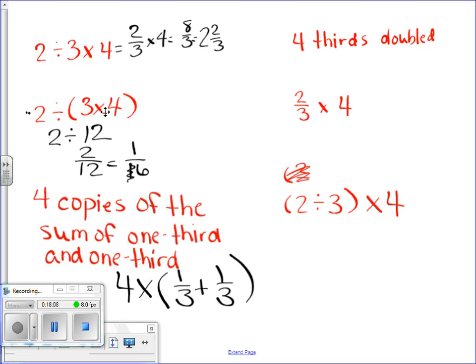The sum is addition. If you were subtracting, it would say difference. Silly kid. So the sum of 1/3 and 1/3 is 2/3. 4 times 2/3, 8/3 equals 2 2/3.